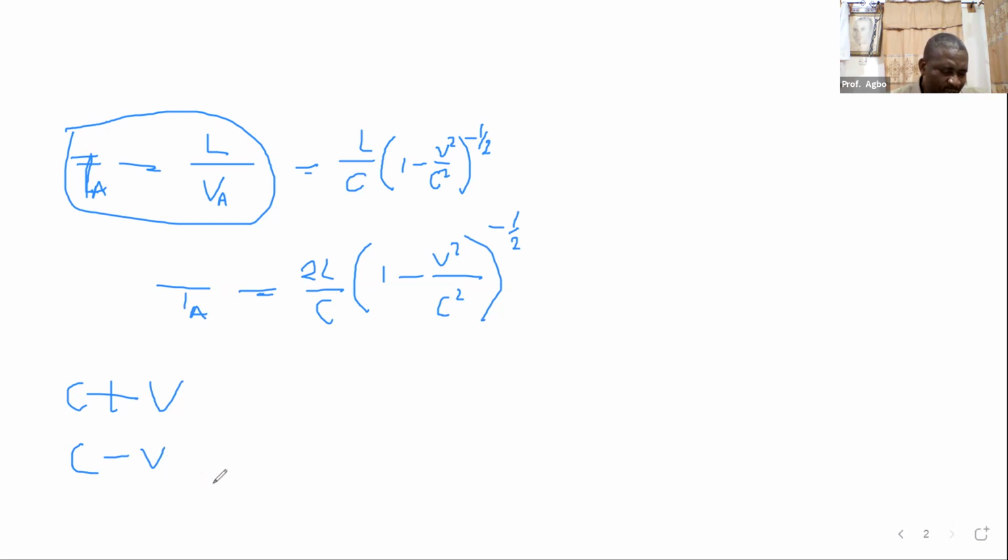The time for the round trip, which we now say is T_D, will then become L over (C plus V) plus L over (C minus V), because that is together.